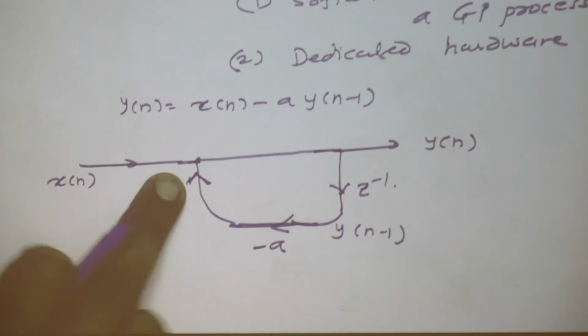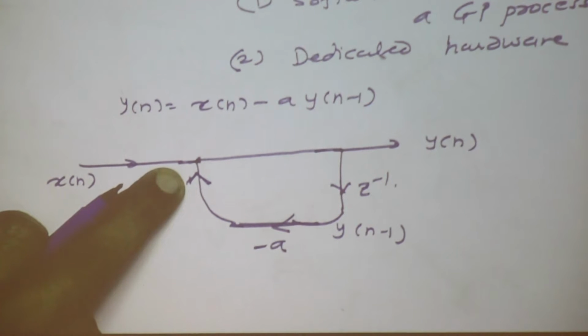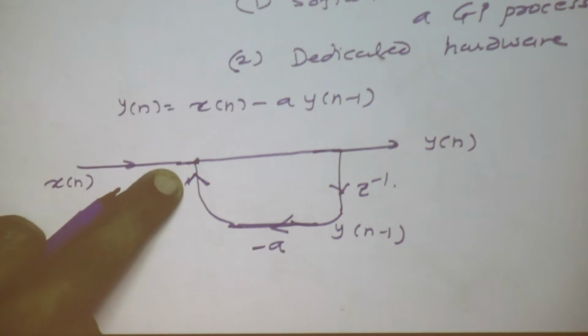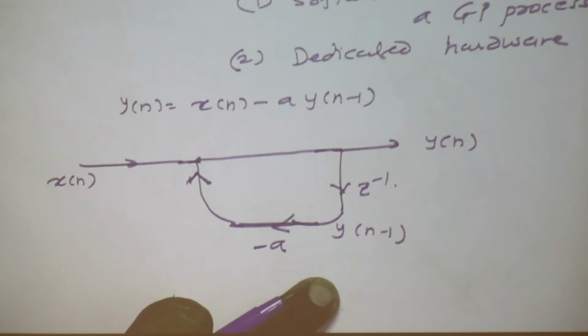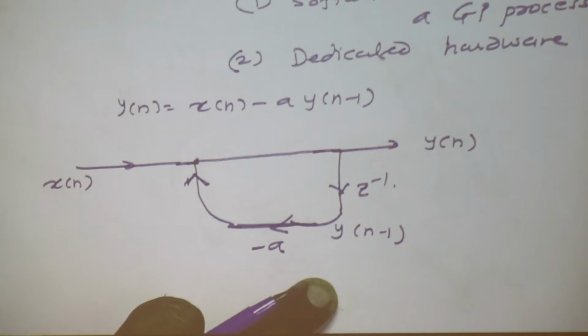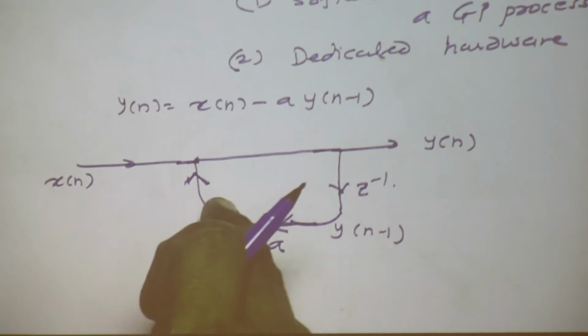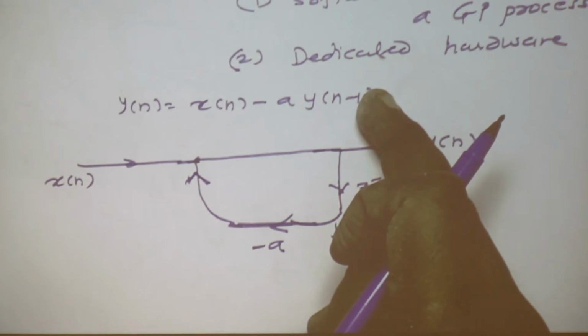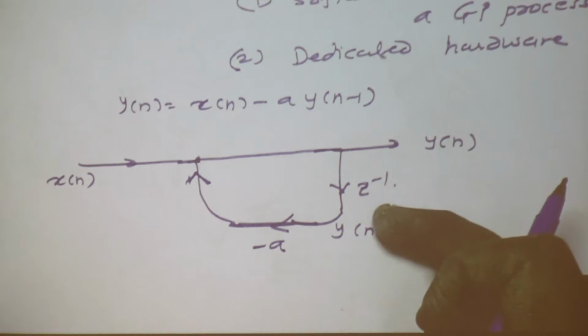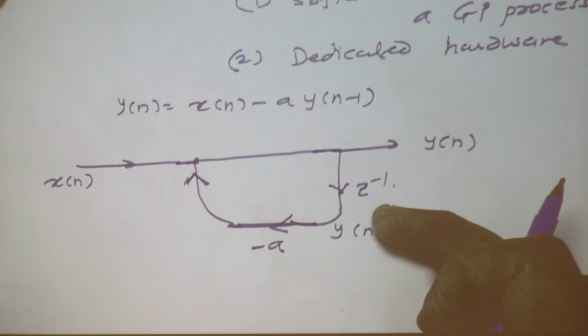If you wanted me to make it minus here, I would have done that as well, no problem. But I can also multiply by minus a, nobody stops me from doing that, alright. This is the simplest realization of this equation, which is called direct form realization.